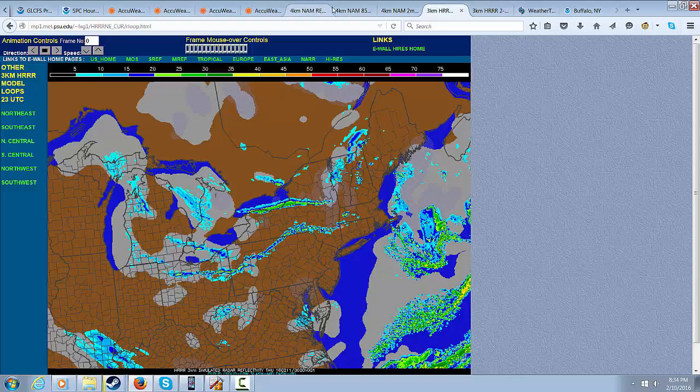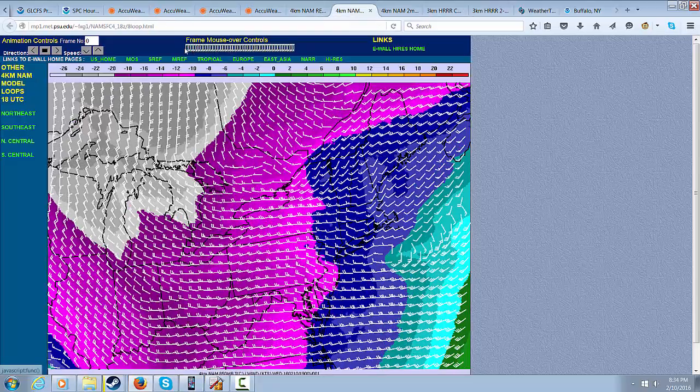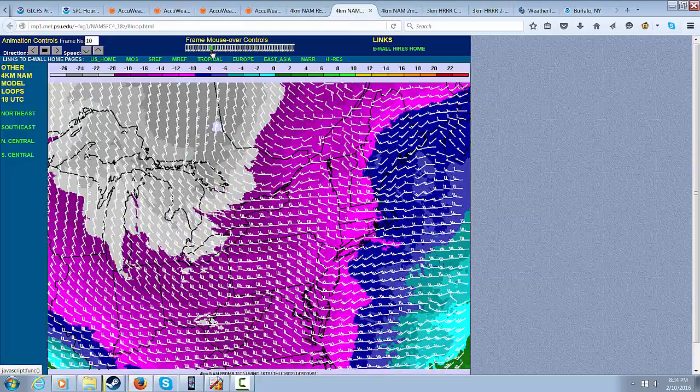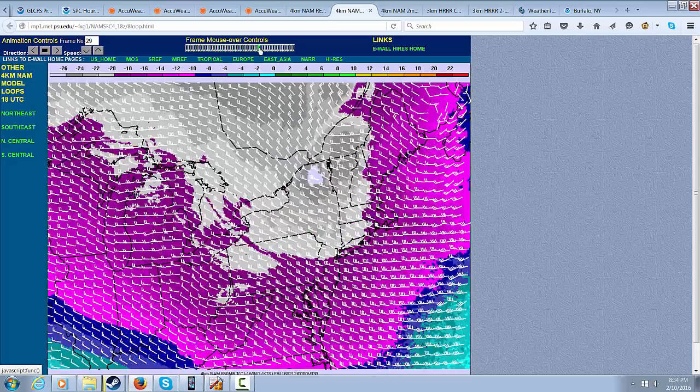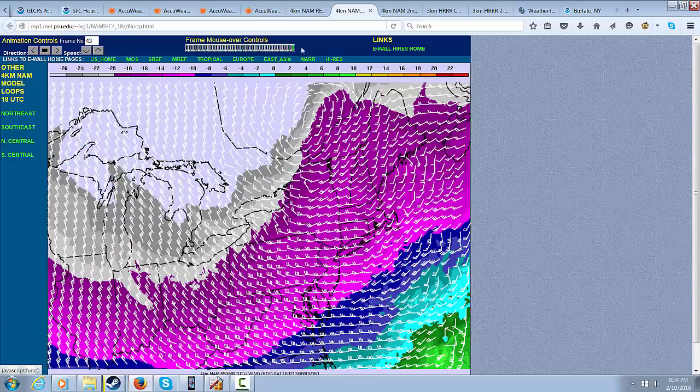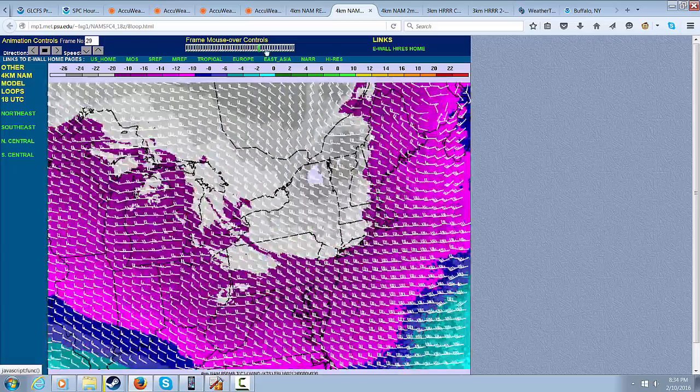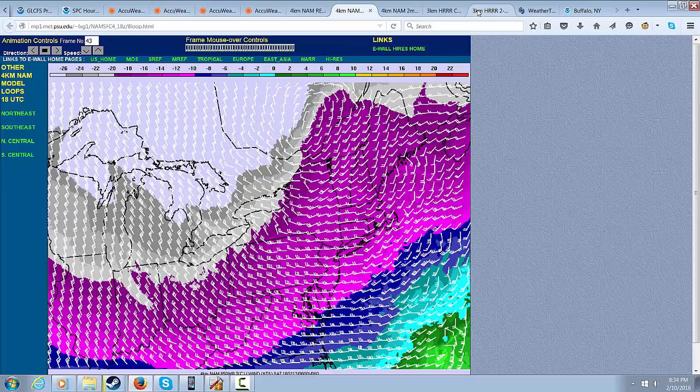So now taking a quick look at your 850 millibar temperatures and winds. Very strong cold air advection, and here's the precursor, although this is as far as I can go out with the 4K NAM, of that second trough. Very cold 850 millibar temperatures will advect into the region.